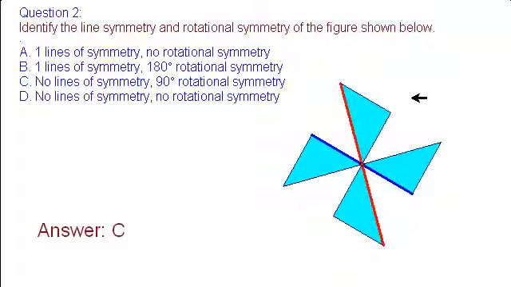So before we do it, I'm going to try to see the line symmetry. So line symmetry means it should be reflection about the diagonal, or reflection about any line connecting the midpoints.